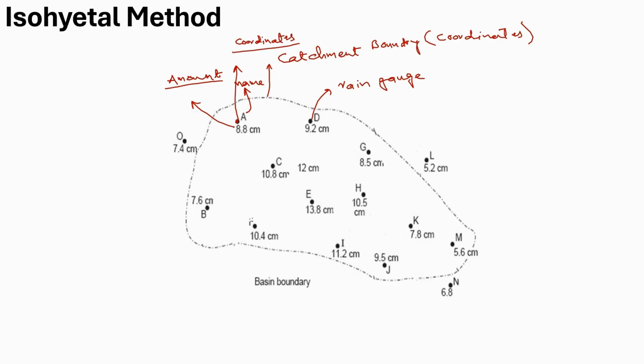If you do not draw the coordinates of the rain gauges accurately, then the isohyetal method will not provide you effective or correct results. So to get efficient, accurate and the best results, you have to draw the catchment boundary as per the coordinates, and you have to draw the rain gauge stations as per their coordinates.